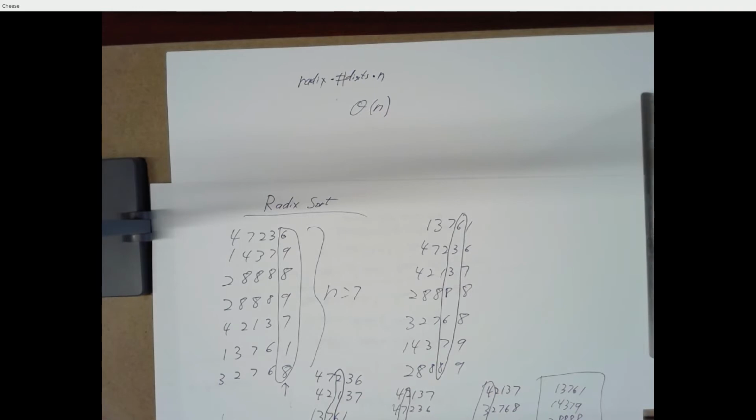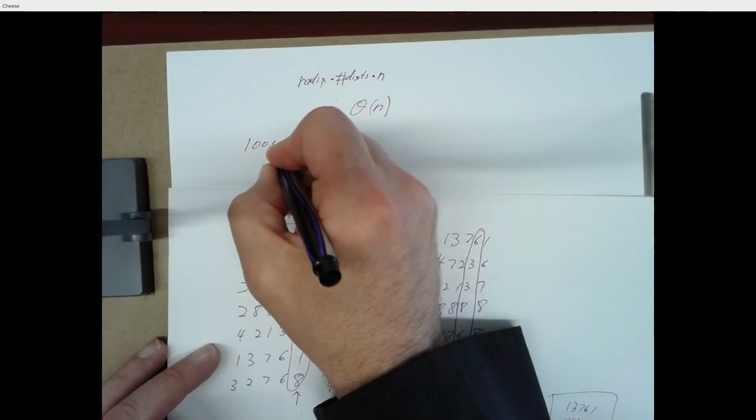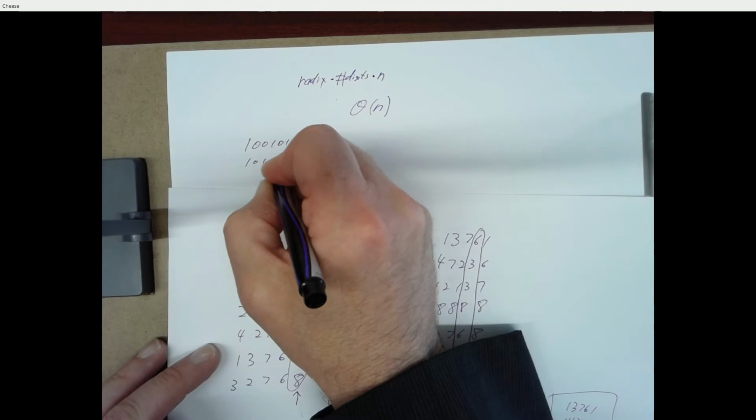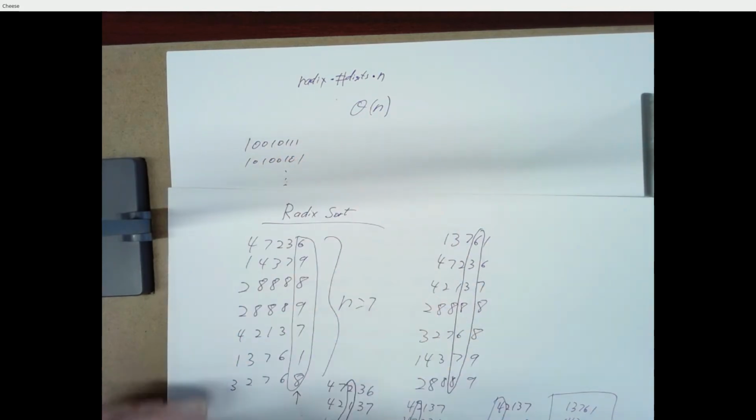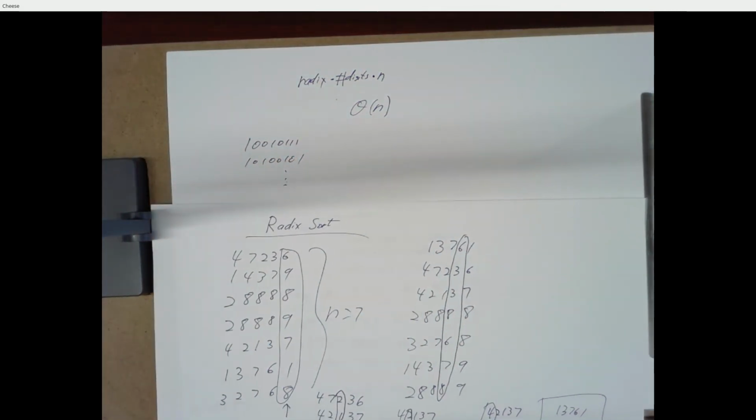But this is where these orders of complexity can be deceptive. Right? This is saying that if n was big enough, this would look like order n. Well, let's look at another case. Suppose we do this in binary. Suppose we write these numbers out with just 1s and 0s.